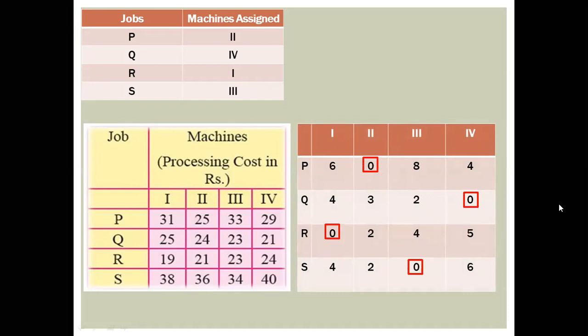So you will find the answer by adding all the 4 costs together. So the first cost will be 25 plus 21 plus 19 plus 34. So the total minimum cost which you get is rupees 99. If you follow this particular order, you will reduce your cost and it will cost you per item rupees 99.